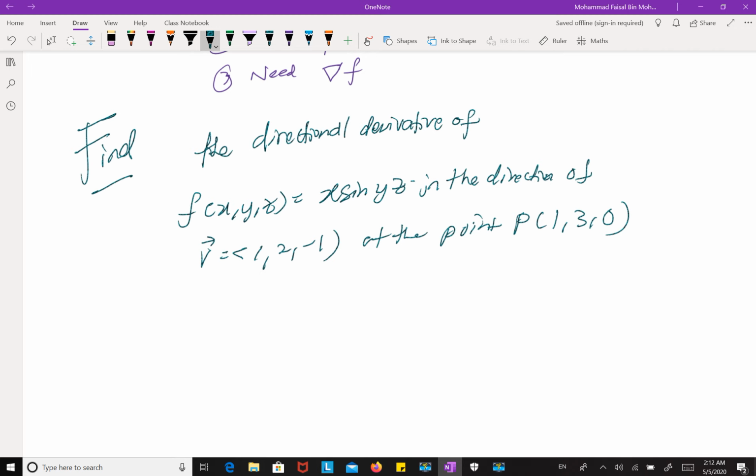So only the vector is given, so you need to find the unit vector.